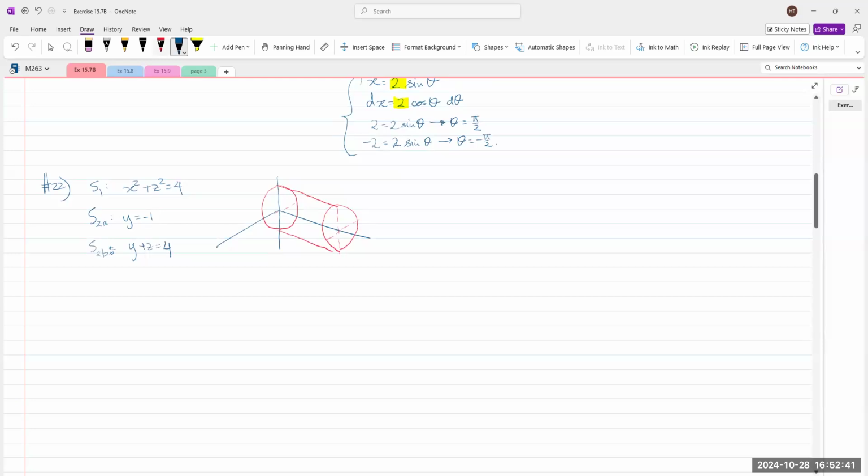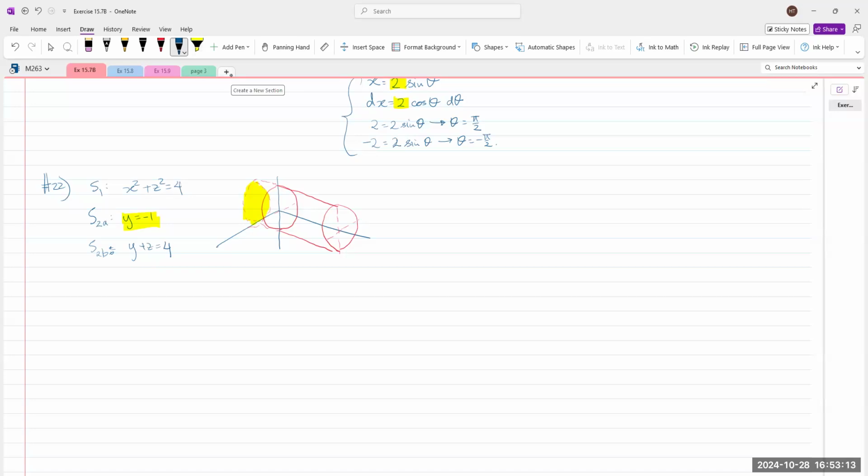Okay, so imagine that this solid is bounded on the left by y equals -1. In some sense, that gives us the domain. And then it is bounded on the right by y plus z equals 4.